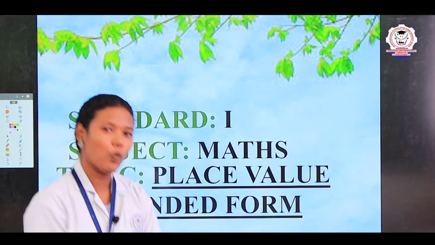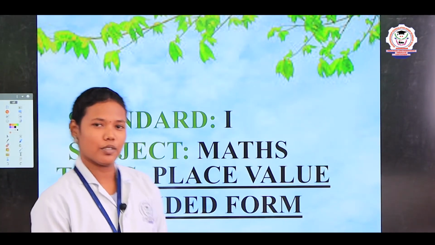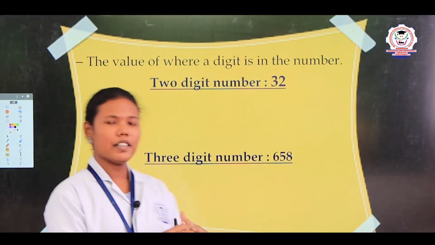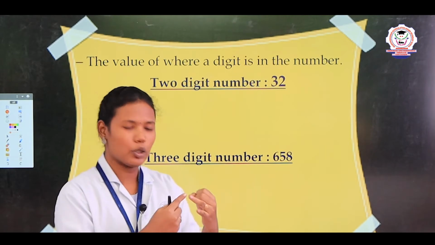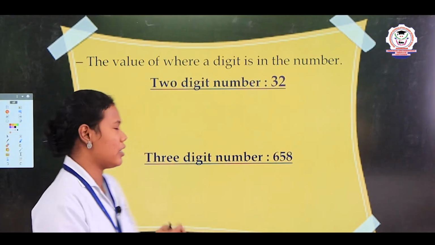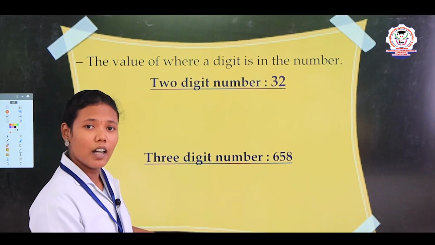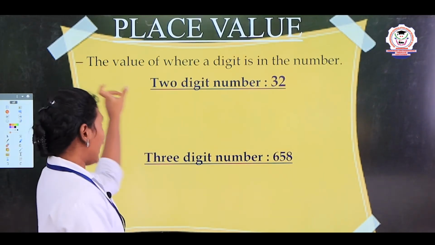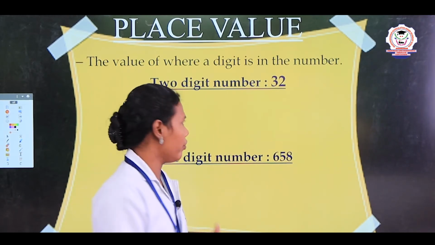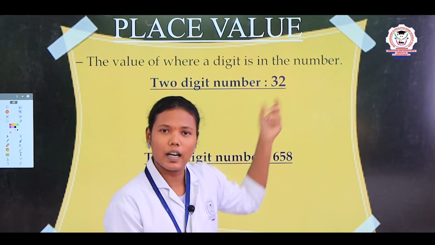Let us see what is meant by place value. Children, we have 1 digit, 2 digit, 3 digit numbers, and it goes on. Place value is nothing but the value of where a digit is in a number. Now we take 32 as a number.